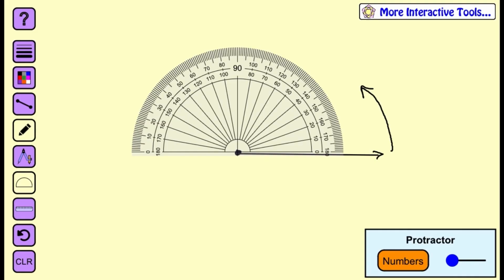So 45 falls right between 40 and 50, somewhere around there. Using my drawing tool, I can then connect the center of the protractor to that line that I just drew, which is right over there. So that is what I need to do.